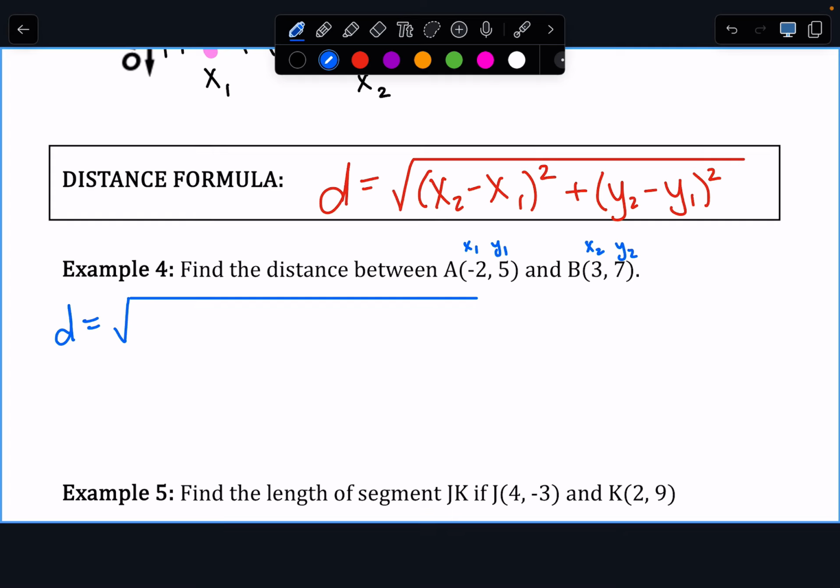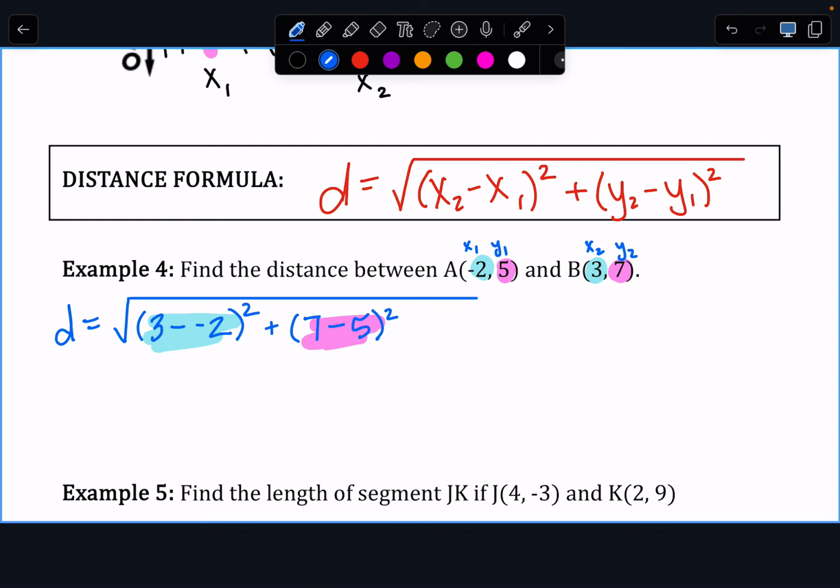So I'm going to take 3 minus negative 2 squared. That's my x minus x squared. And then I'm going to take my y minus y squared. Okay, so I took x here and y here.